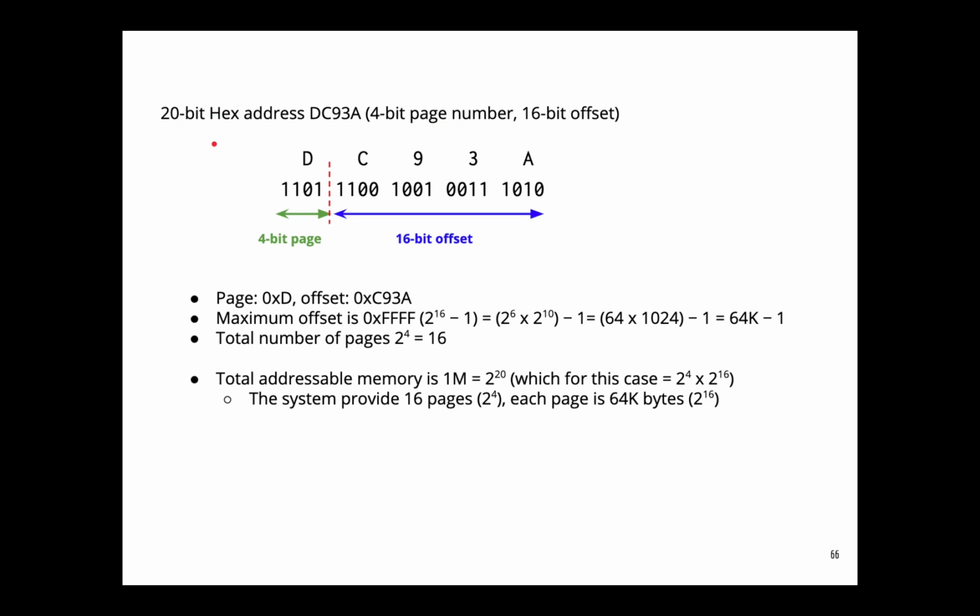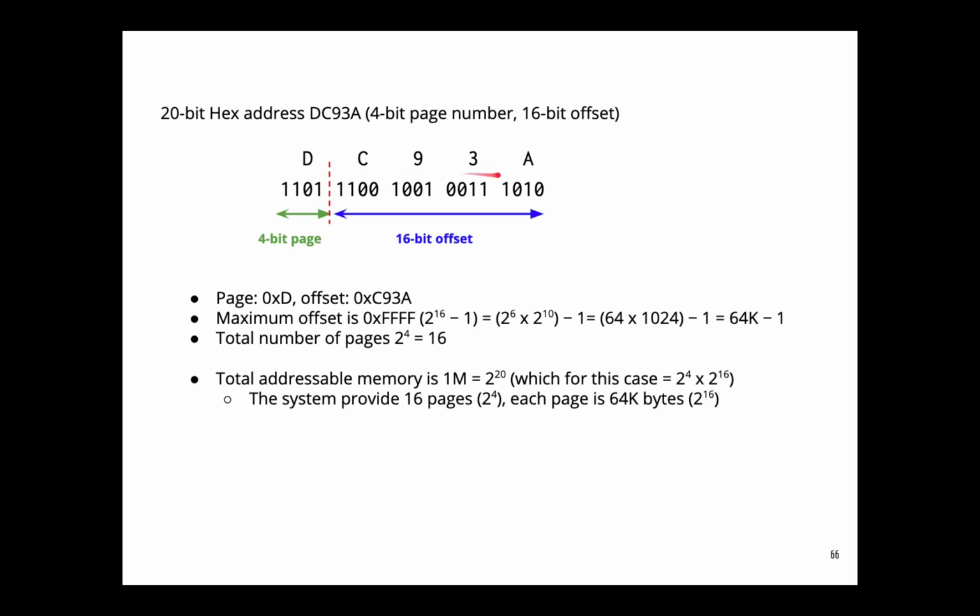But as we know earlier, for this to work in bits, the address must be expressed as a binary number. So the hex DC93A must first be converted to a binary number.